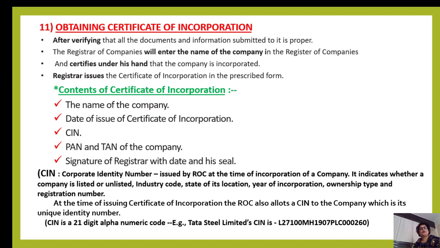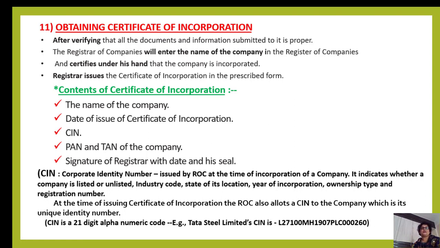Also the date of issue of the certificate of incorporation, that is, when the registrar gives the certificate. Then the CIN number. This is also a very important number. If we get the CIN number, that means our registration is confirmed.